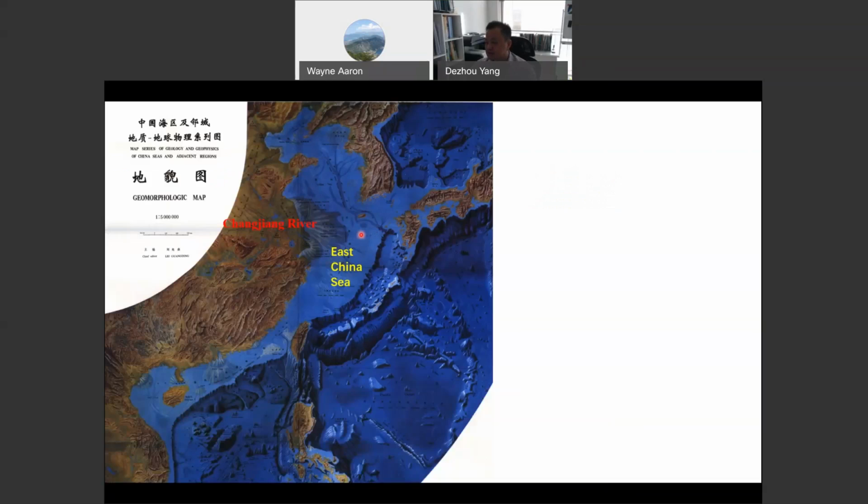This figure shows the topography of the sea floor. You can find this is the Pacific Ocean basin. To the west of the basin is the continental shelf break. To the west of the shelf break is the East China Sea. There is also the largest river in Asia, the Changjiang River.